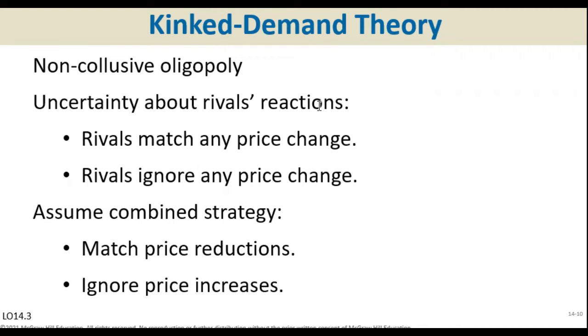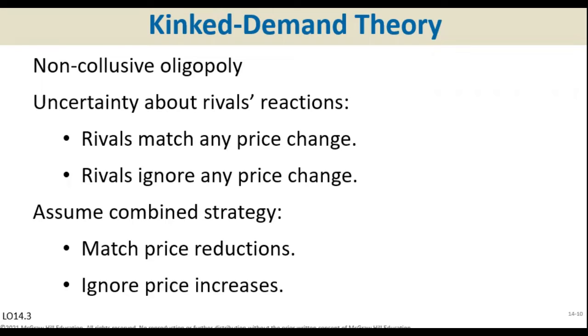However, firms will assume that the rival will match any price reduction, because if they don't match it, whoever drops the price will get more market share. So they will match it in an effort to maintain their customers and market share.